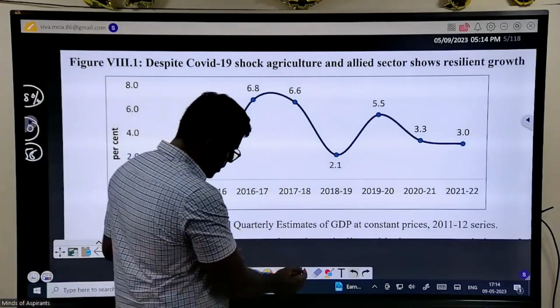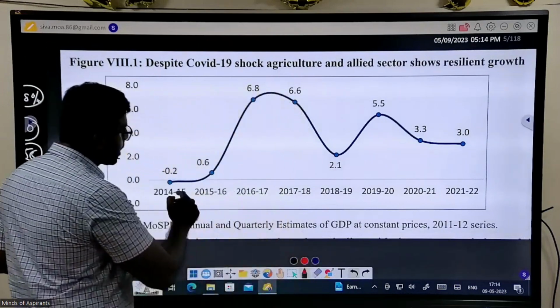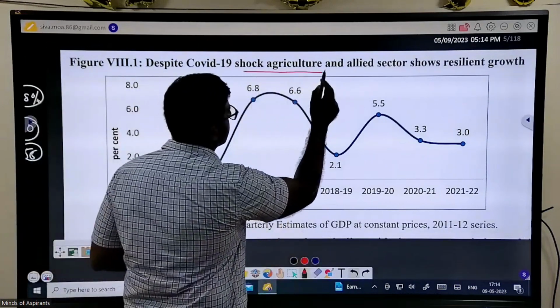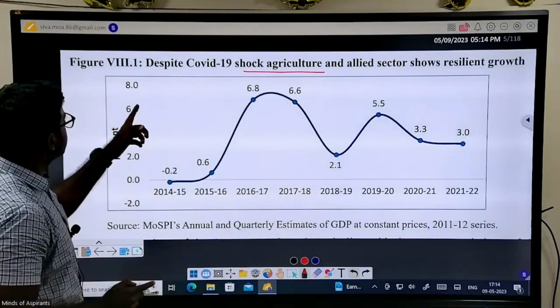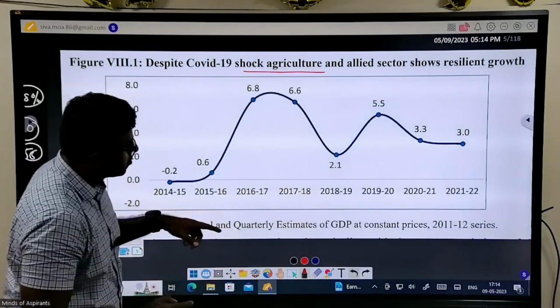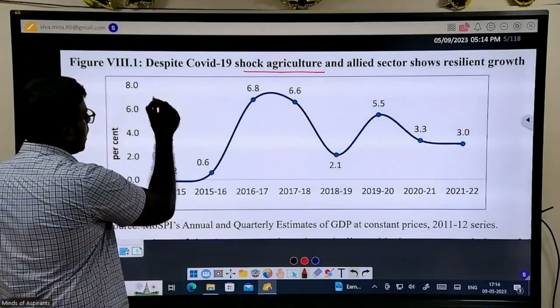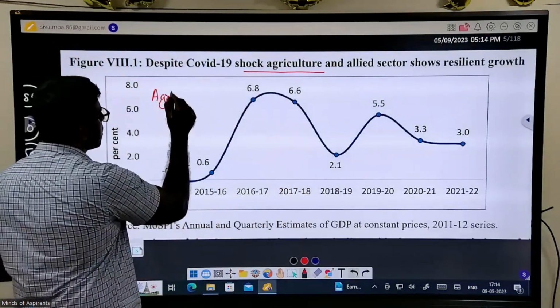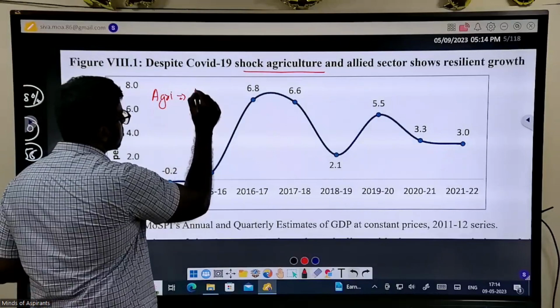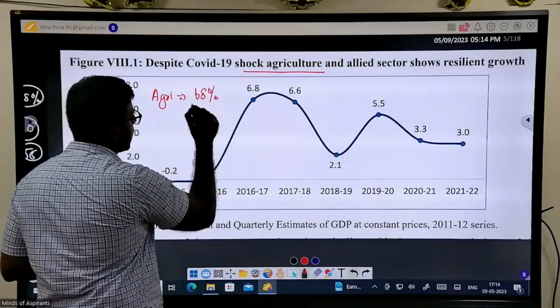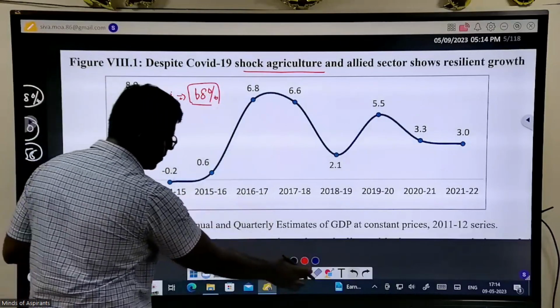For example, look at this. This is agricultural growth, agriculture and allied sectors. As I told you, agriculture contributes nearly 17 to 18%.